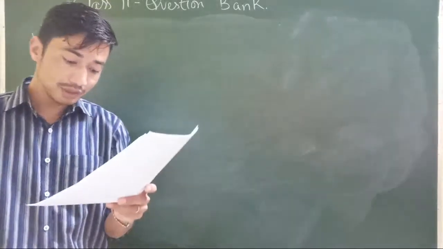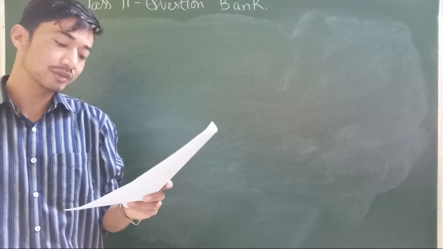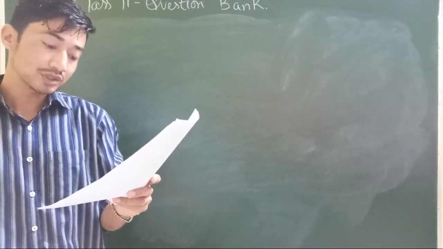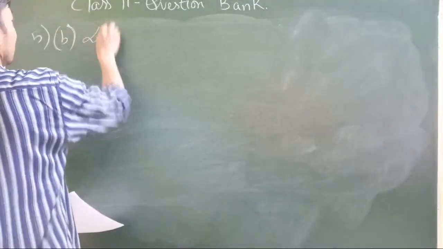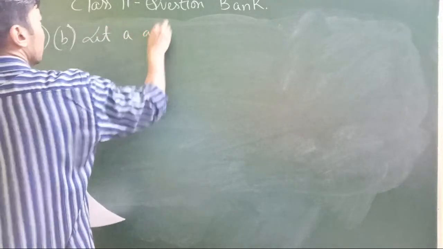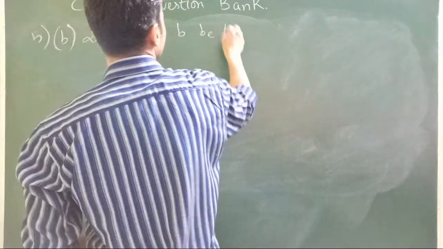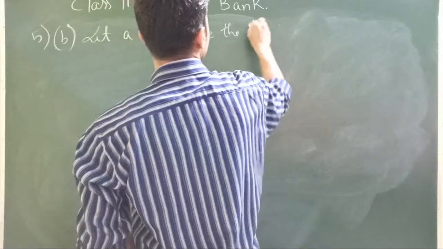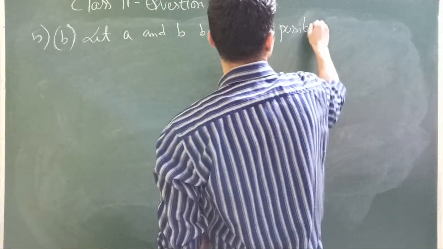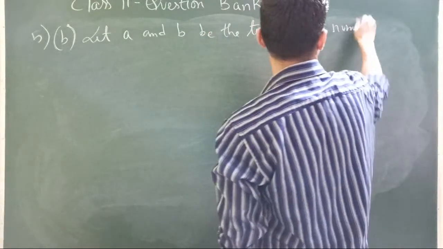If A and G be the arithmetic mean and geometric mean respectively between two positive numbers, let A and B be the two positive numbers.